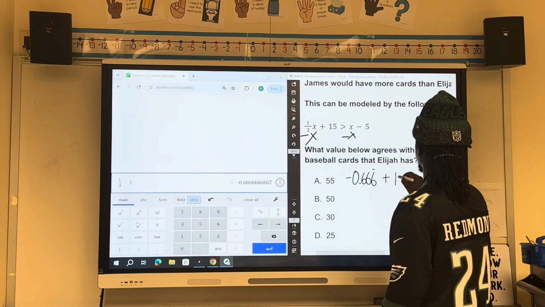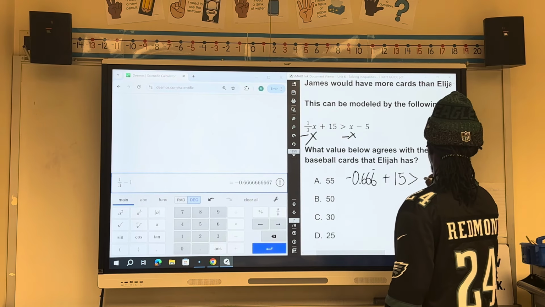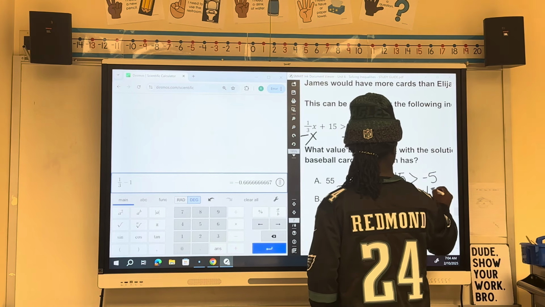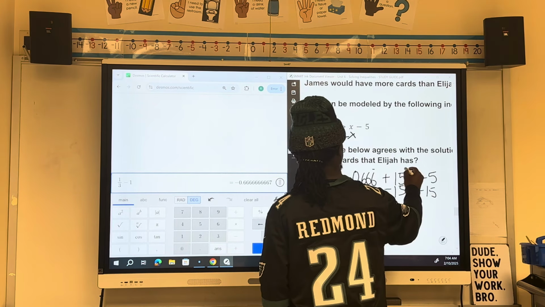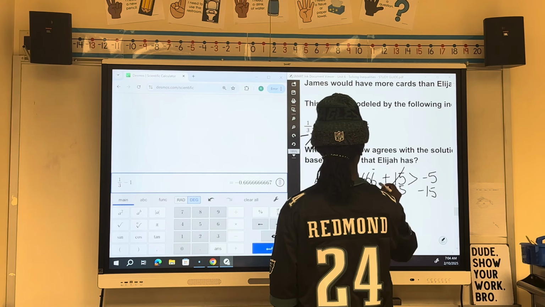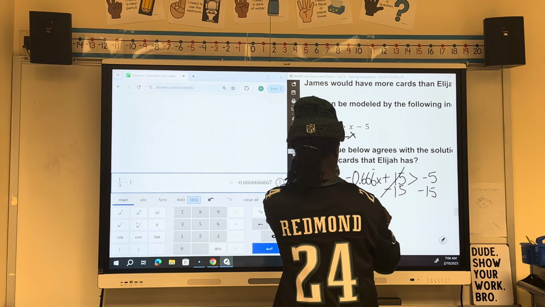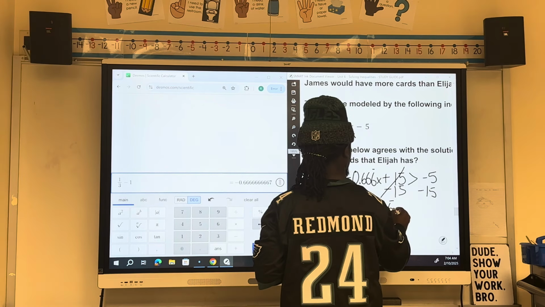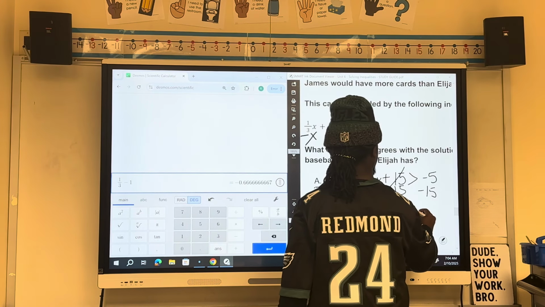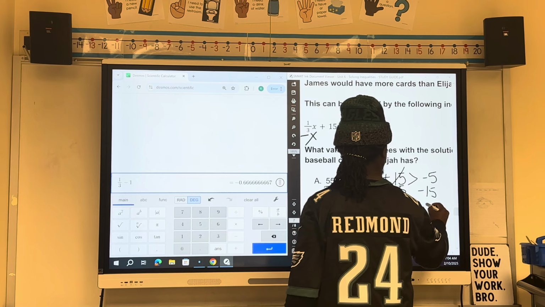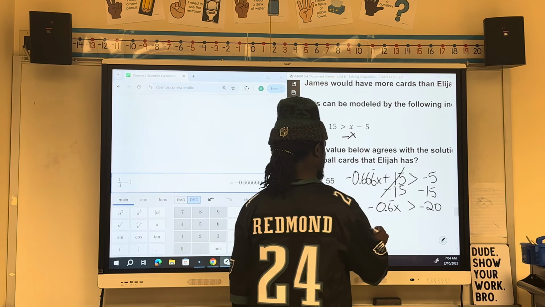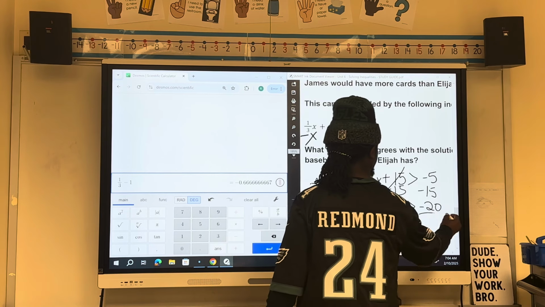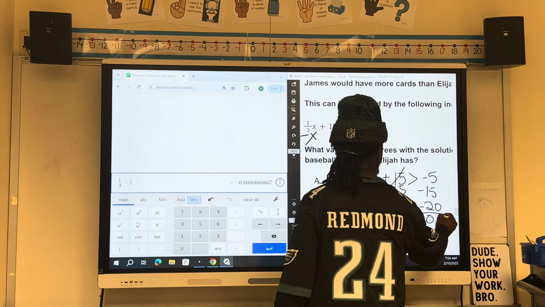Plus 15 greater than -5, okay? So we're going to subtract the 15, subtract the 15. That's going to cancel. Sorry, I forgot to put the x there. All right, so we got negative 0.6 repeating x greater than -20, okay? And then we're going to divide by negative 0.6 repeating.